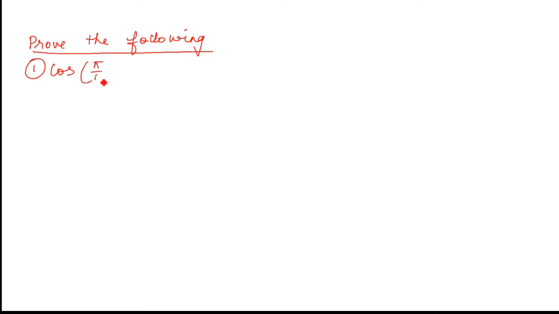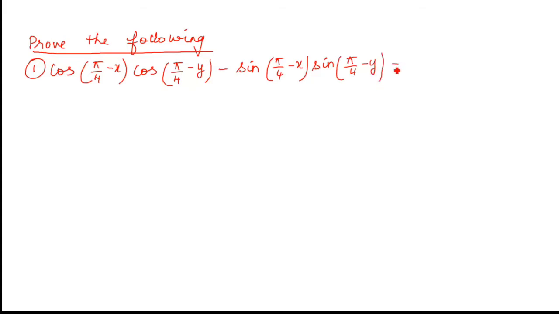Next question. Prove the following. First one, cos of pi by 4 minus x times cos of pi by 4 minus y, minus sin of pi by 4 minus x times sin of pi by 4 minus y, is equal to sine of x plus y.